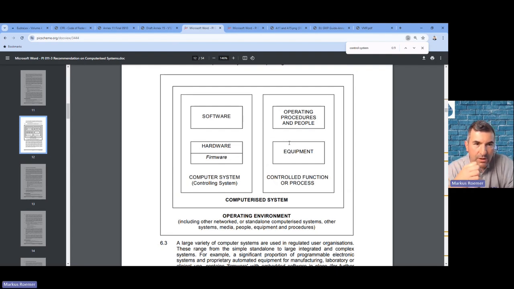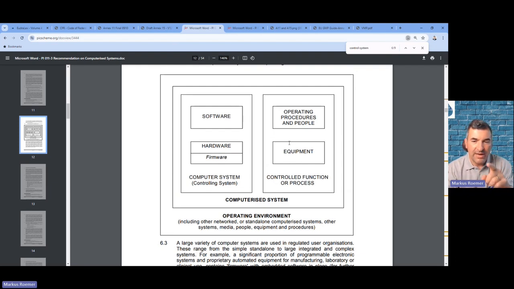And if you just look at this picture, if somebody is asking you, do we need to validate the calculator? Then you quickly see that the person asking this question has no idea, does not understand the big picture of validation in total, because we also have the control function or the processes. And here you see again the word equipment.